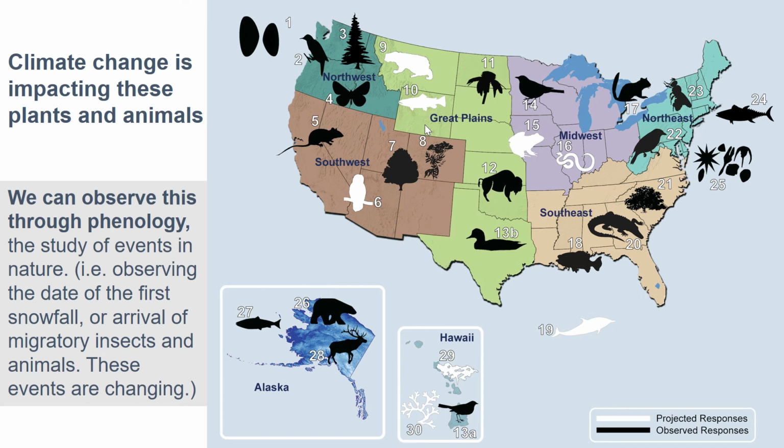In future, they expect that the white-colored animals, for example frogs and snakes, will also be affected. So climate change doesn't only impact human beings, it also impacts animals and plants.